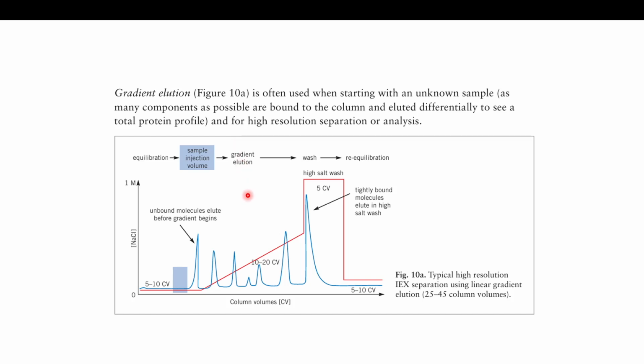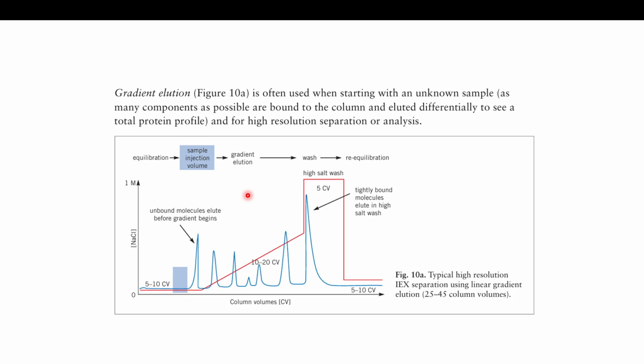So for that, a range from 0% to 100% ionic strength of the elution buffer is given so that our protein of interest, our molecule of interest can elute out at 50% of the highest ionic strength, or it can even elute out at 80% of the highest ionic strength.